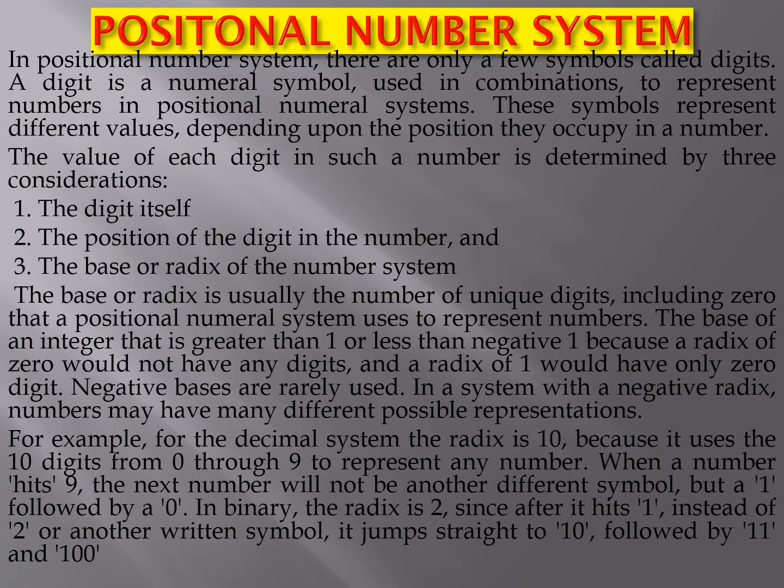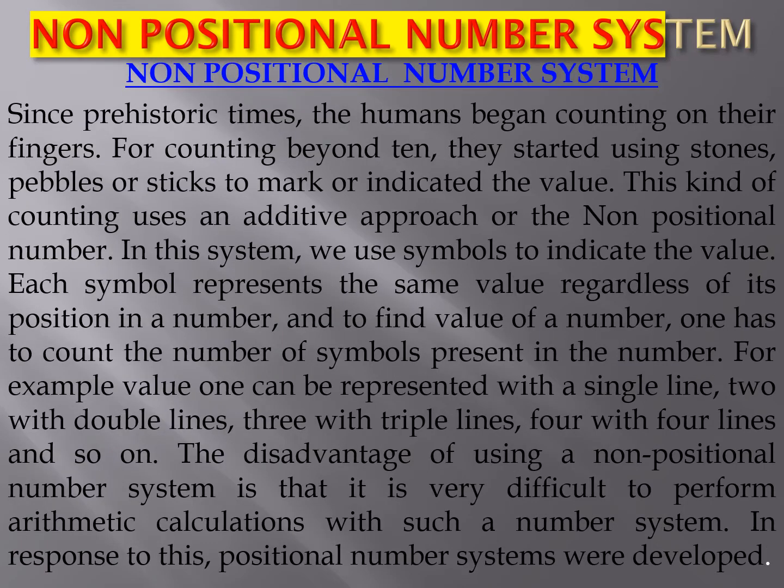When a number hits 9, the next number will not be another different symbol but a 1 followed by 0. In binary, the radix is 2, since after it hits 1, instead of 2 or another written symbol, it jumps straight to 10, followed by 11 and 100.